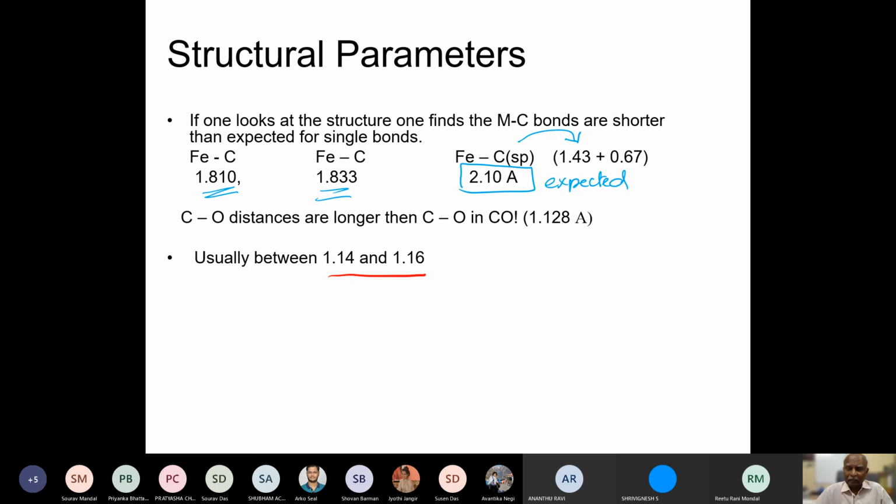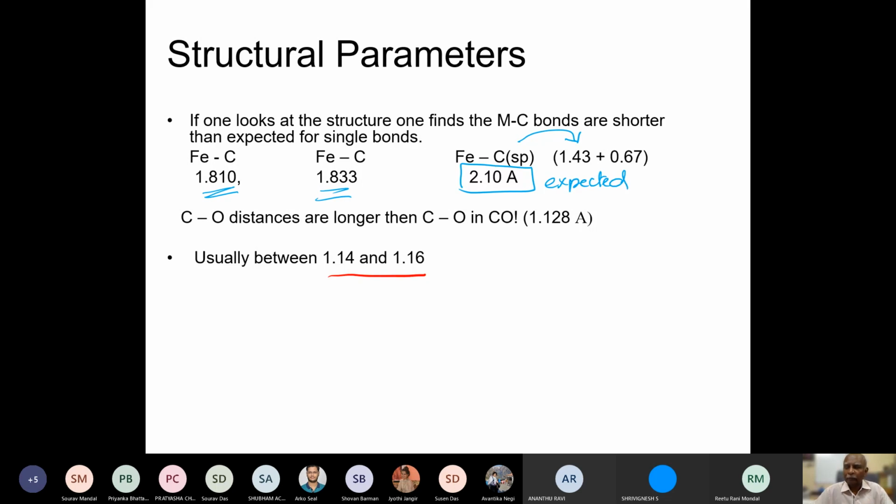So the metal carbon bond distances are shorter, but the carbon oxygen distances do not change too much. Okay, carbon oxygen bond distances do not change too much. That looks as if carbon monoxide itself is not significantly perturbed by the bonding.